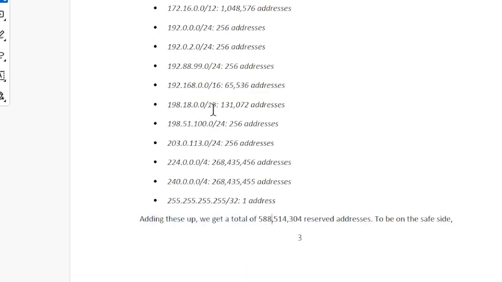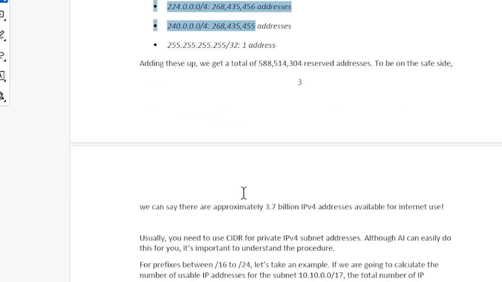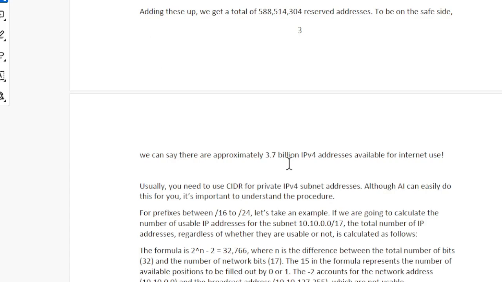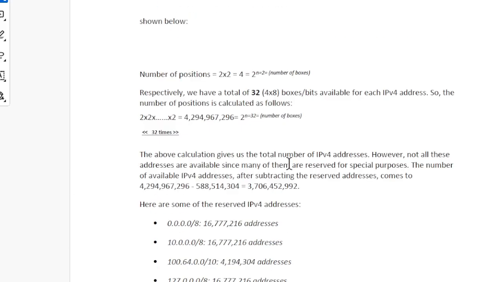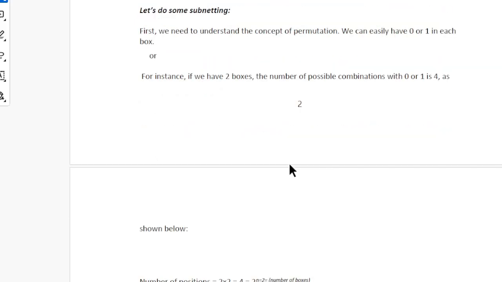As I told you, if we add up all these reserved IP addresses and subtract them from the total IP addresses, we will get to that. Okay.